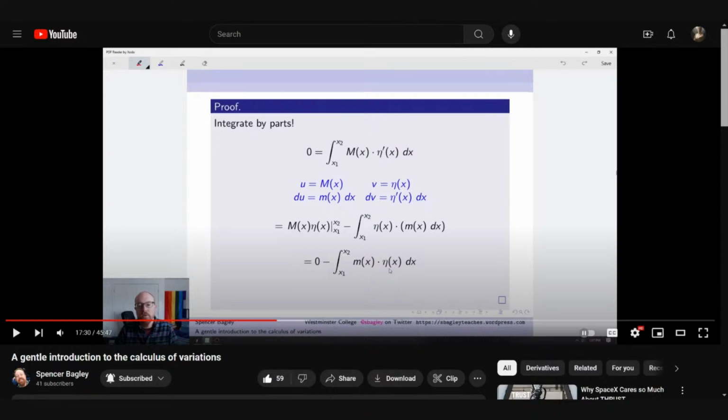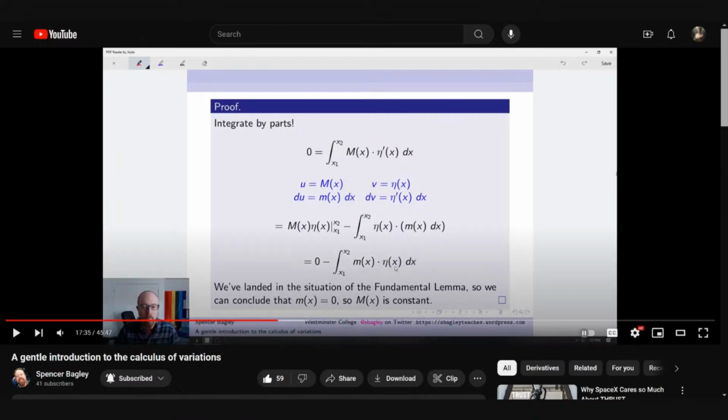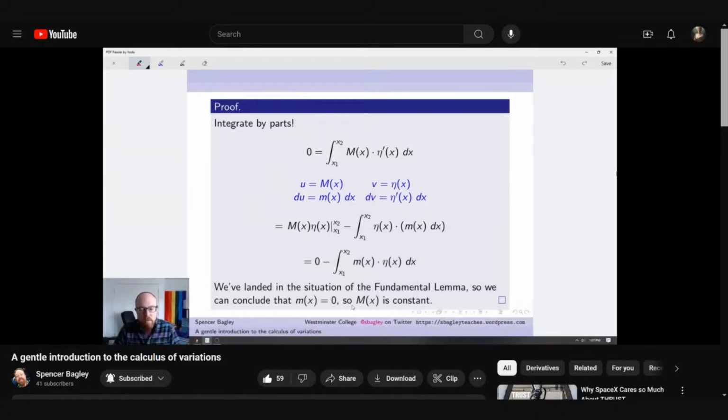M must be 0. We've landed in the situation of the fundamental lemma, so we can conclude that little m is 0, and little m was the derivative of big M, and so big M has to be constant.